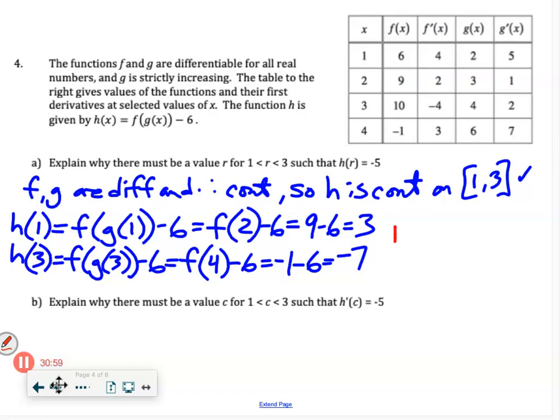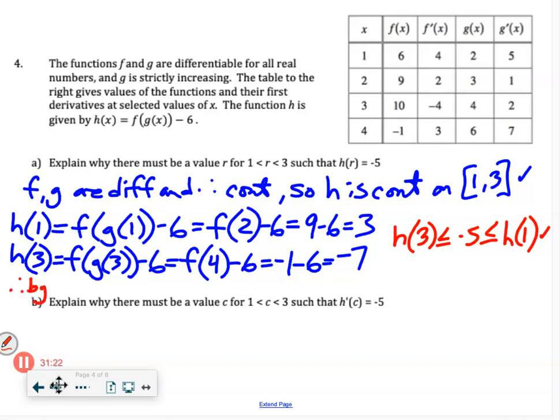H of 3 is less than or equal to negative 5, which is less than or equal to h of 1, and not the other way around. So you can't switch them. The higher endpoint was the lower number, so make sure you have them in the right order. Okay, check, check. IVT applies. Then you just write your conclusion statement.